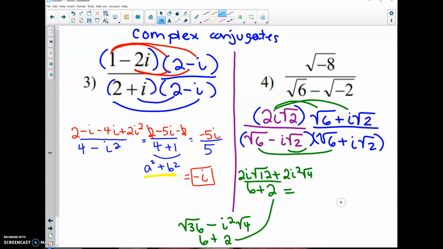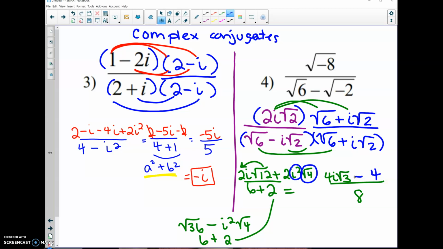So let's simplify as much as we can here. So 8's on the bottom. The square root of 12, we can take out a 2 because square root of 4 and 3. So we're bringing out a 2. So we have 4i root 3. Square root of 4 is 2. So 2 times 2 is 4. And our i squared changes this to a negative.